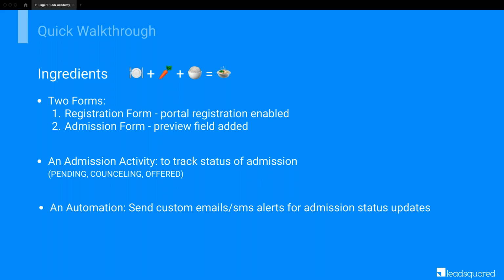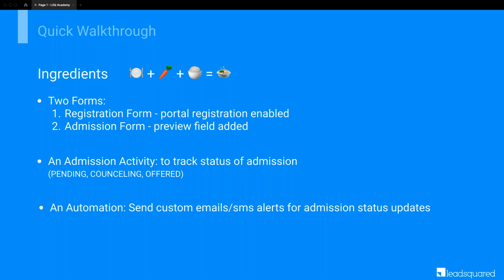Cool. Next, we will need an admission activity. Now, remember, an activity, as I mentioned, is something a lead can do. For example, if a lead wants to apply for a course or apply for a loan, that is a good example of an activity, right? For an activity, you can essentially track that activity, change the status of that activity, and store different information around that activity, right?